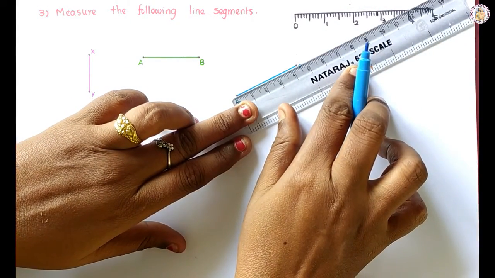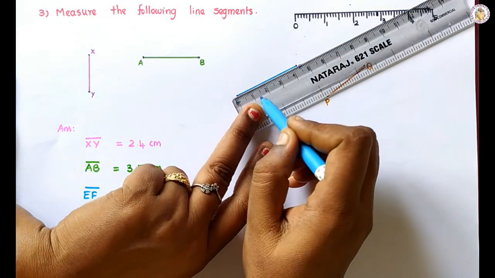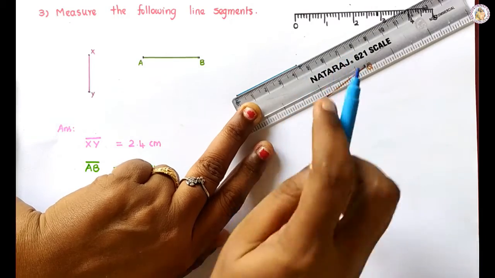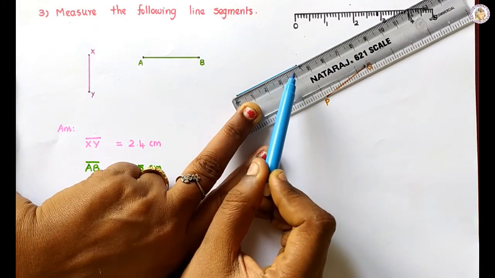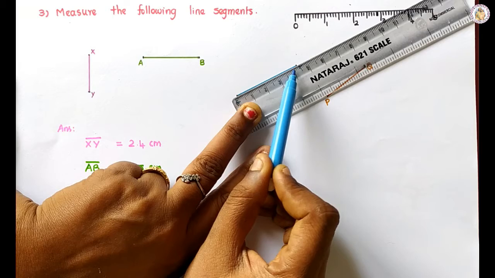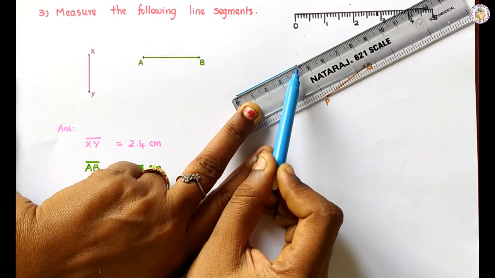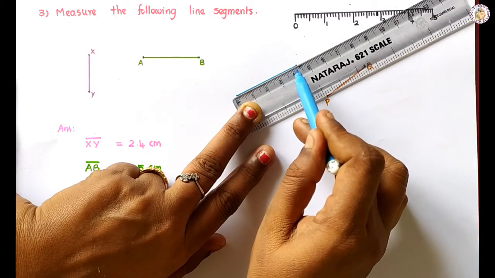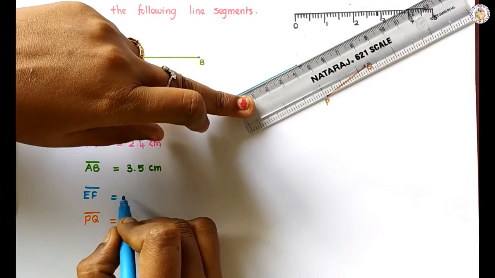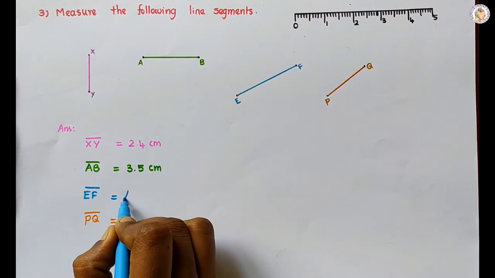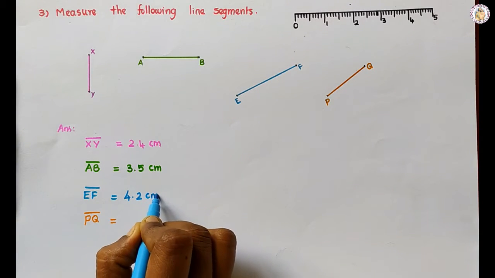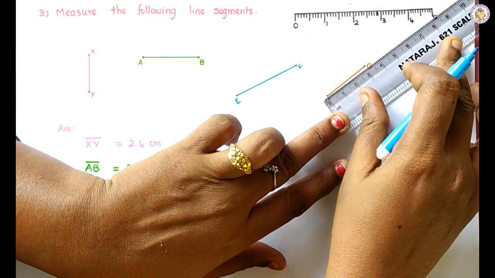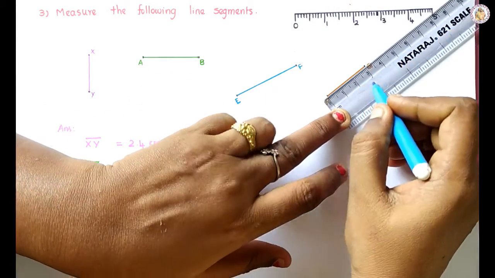How many centimeters? 1, 2, 3, 4. 4 centimeter. After 4, how many millimeters are there? 4.1, 4.2. So line segment EF is 4.2 centimeter. And then PQ, 3 centimeter is there.